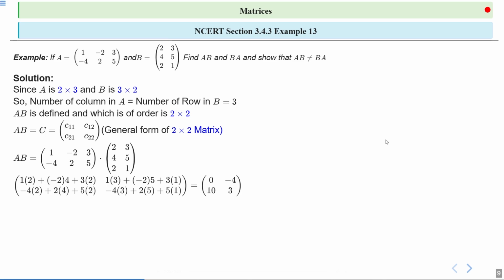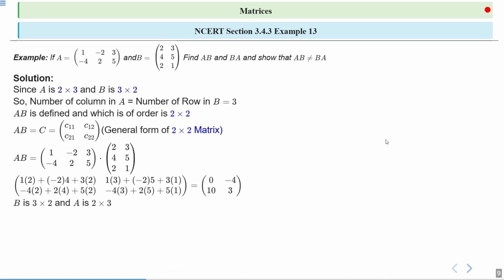So it will be 1 into 2 plus minus 2 into 4 plus 3 into 2, 1 into 3 plus minus 2 into 5 plus 3 into 1. Next is minus 4 into 2 plus 2 into 4 plus 5 into 2. Next is minus 4 into 3 plus 2 into 5 plus 5 into 1. Which is equal to 0, minus 4, 10, 3.